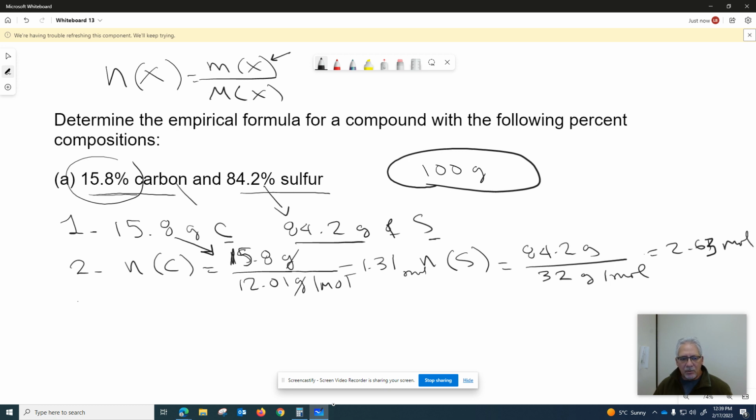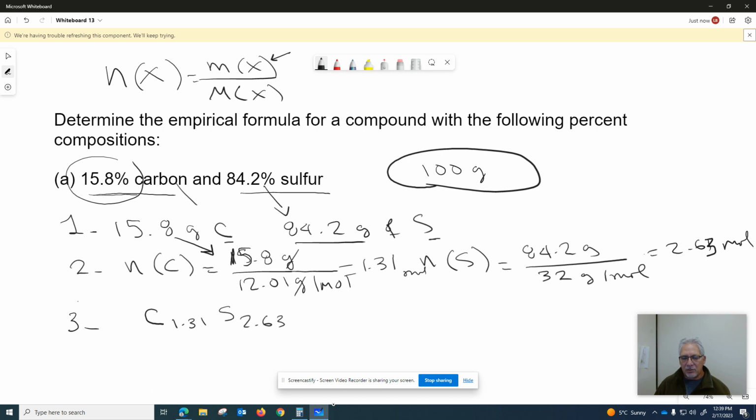Next thing will be writing the formula. So I had carbon and sulfur, and that will be the following. Carbon has 1.31 moles of atoms, and sulfur will have 2.63. But we never write any formula using decimal numbers, right?